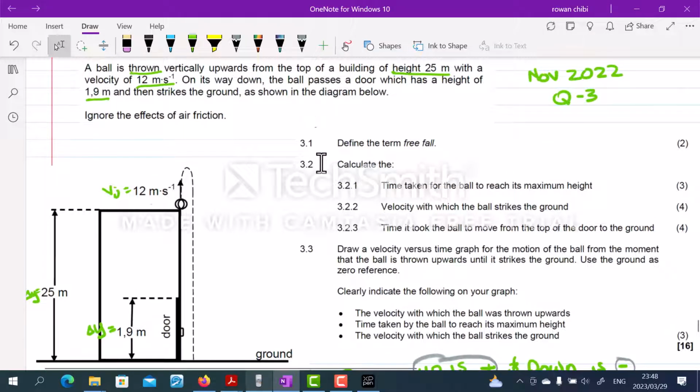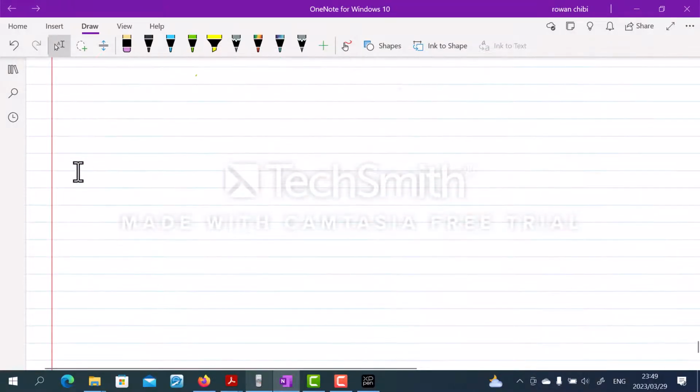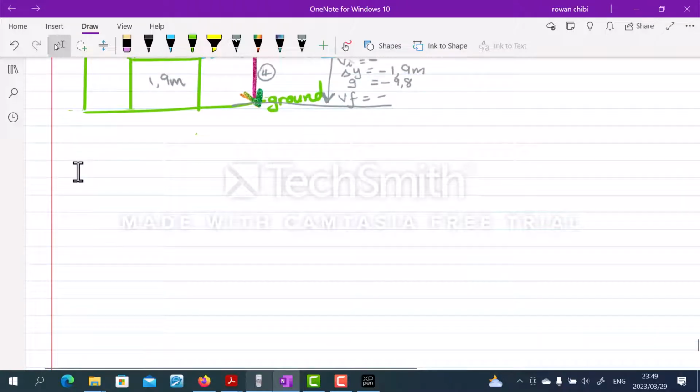So 3.1 says define the term free fall. We do know what free fall is.